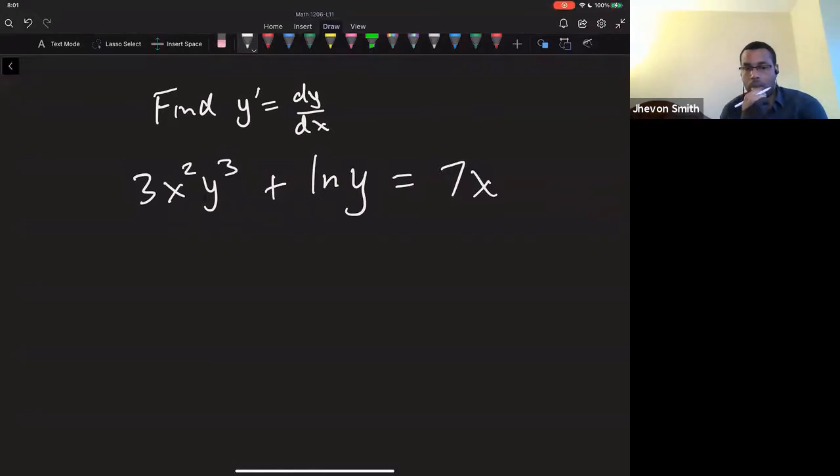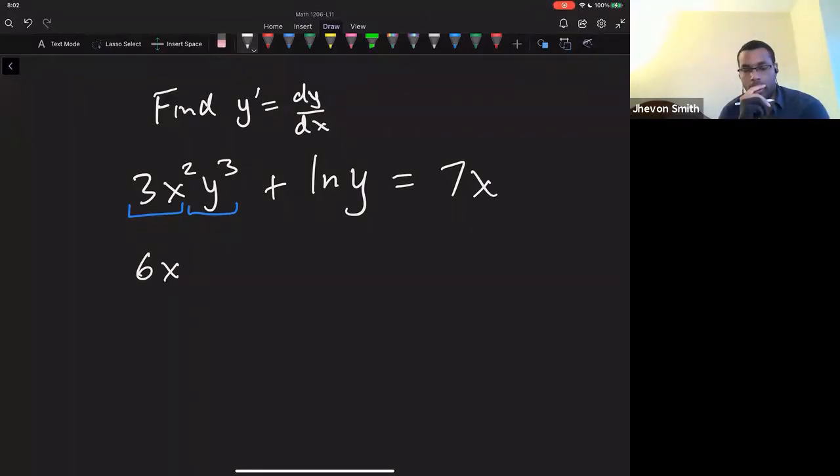Well, I could use the power rule, and the ln y would be just 1 over y, and the power would be 6x times, but since it's two different functions, we would have to maybe use the product rule for the first one. Right, so this is product rule, and how do we do that? So it's f prime times g plus g prime times f.